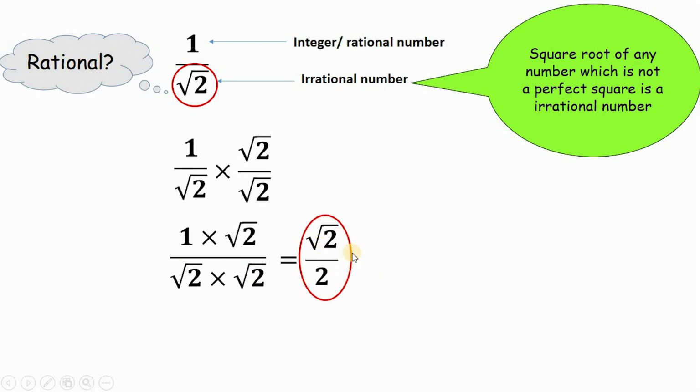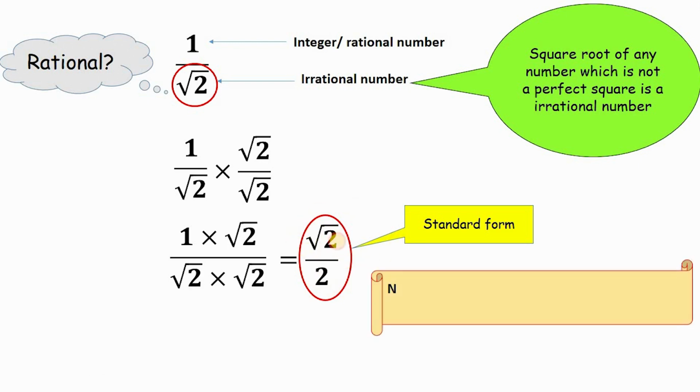Now this number is called the standard form of the number. Here the numerator is irrational, but the denominator is rational. In the standard form, it is very important that the denominator should be a rational number. Therefore, we'll take a note here. When you multiply square root of 2 by square root of 2, you get 2.